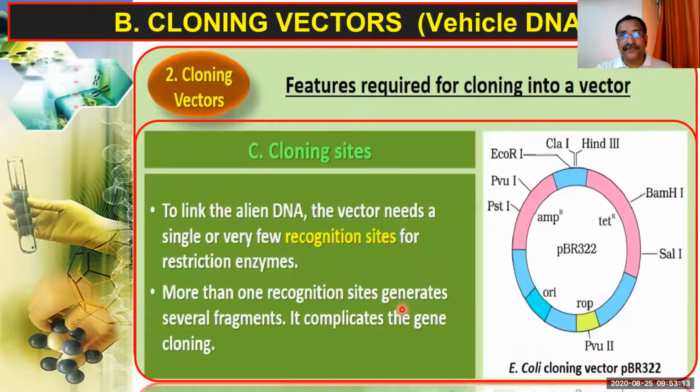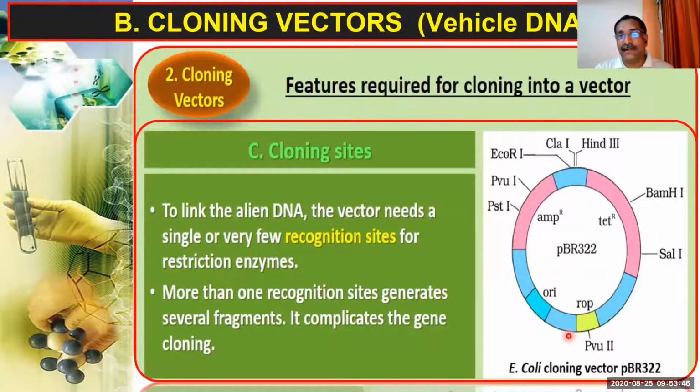Now, the cloning site. In a plasmid, you want to insert a foreign gene, the alien DNA, meaning foreign, an outsider. If you want to insert a foreign gene into the plasmid, there should be a certain recognition site, because the plasmid DNA is circular in nature.